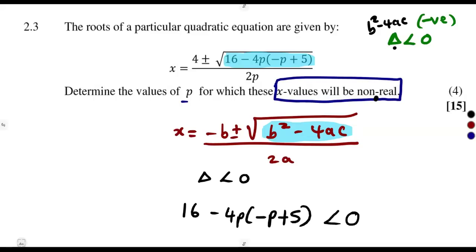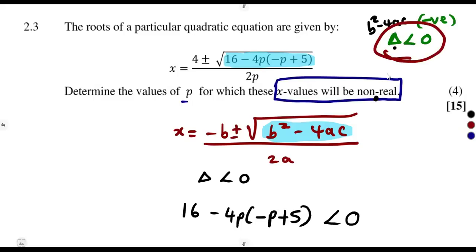Guys, we are done with that part. You see, I want you to see, in a test, it's a combination of topics here. The nature of roots played an important role in describing the nature, non-real. Your delta is less than 0.